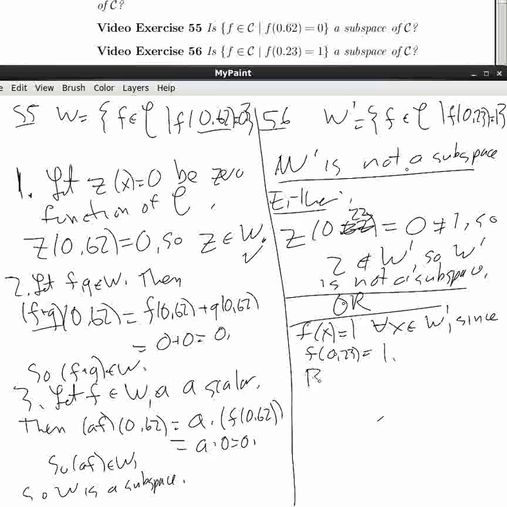But if I add f to itself, is that going to be in W prime? Well, we're going to see it's not. The way to tell is I plug in 0.23. That's equal to f of 0.23 plus f of 0.23. Well, f of 0.23 is equal to 1, because it's a constant function, always equal to 1. That equals 2, which is not equal to 1. So 1 plus 1 is not equal to 2. So it is not closed under addition. So not a subspace.